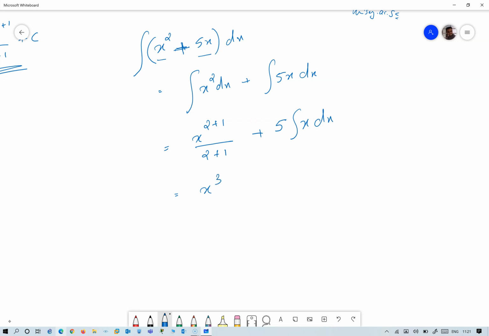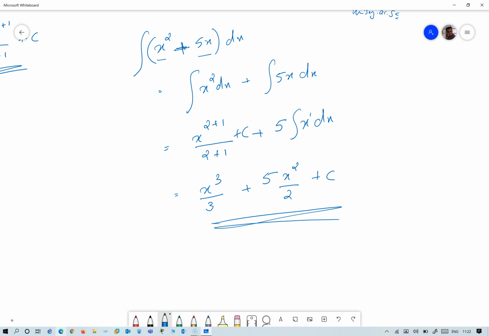So this is x cube over 3 plus 5. Integral x is x to the power 1. There is an invisible 1 here. So the answer will be x square over 2 plus c. Now as soon as you integrate, you can put a plus c here as well.